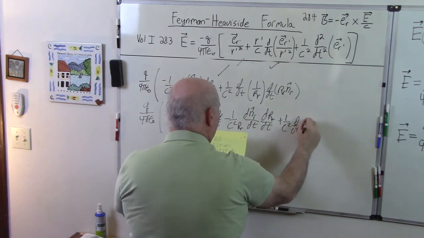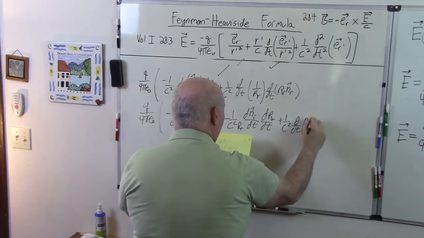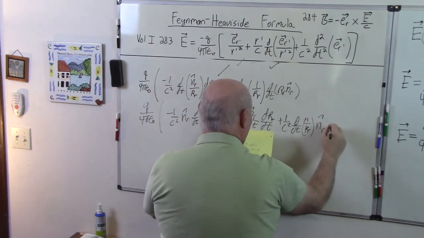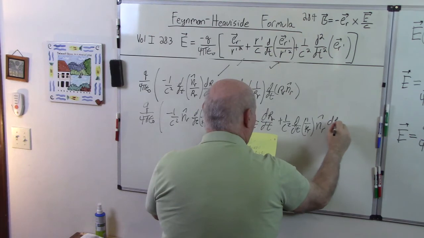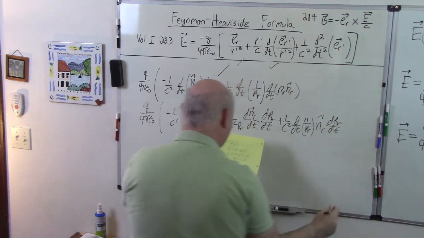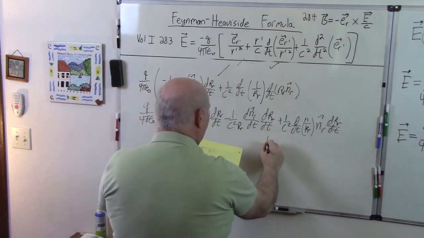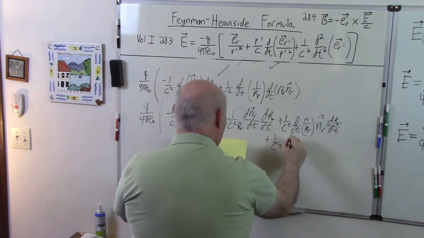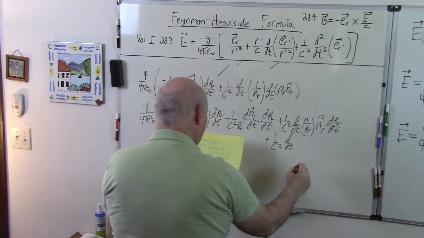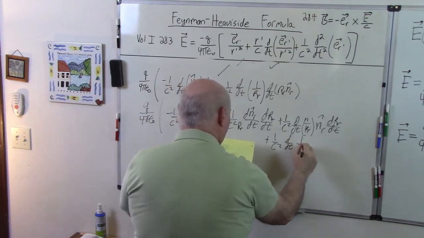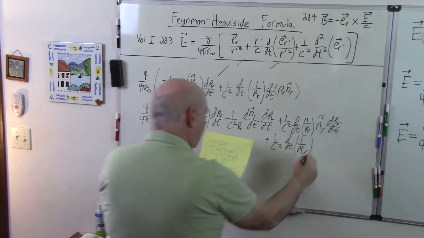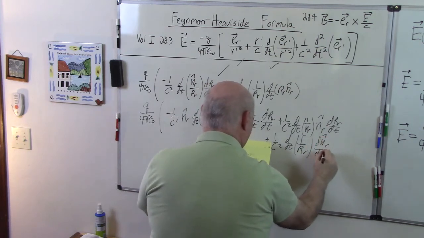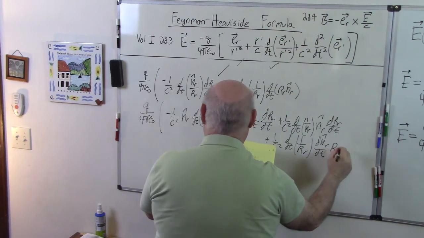d/dt of 1 over r_r, n_r hat, dr_r/dt, plus 1 over c squared, d/dt of 1 over r_r, dn_r hat/dt, r_r.